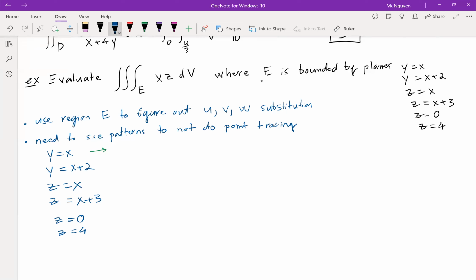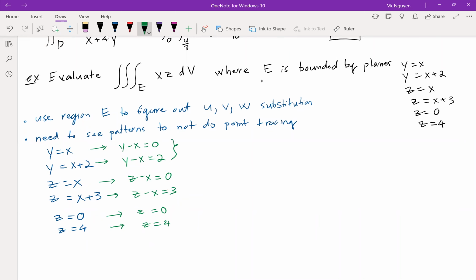This would be y minus x equals 0, y minus x equals 2, z minus x equals 0, z minus x equals 3. Nothing you can do here. z equals 0, z equals 4.